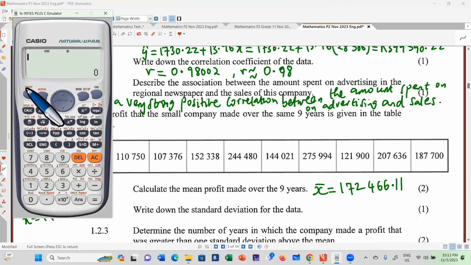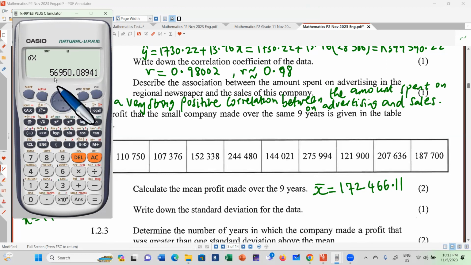So we do shift 1, which is stat on top. Then now we're looking for the variance calculation. So we actually place the number 4. And then the standard deviation is noted as number 3 here on the calculator with this lowercase sigma x. We place the 3 and we press an equal sign.